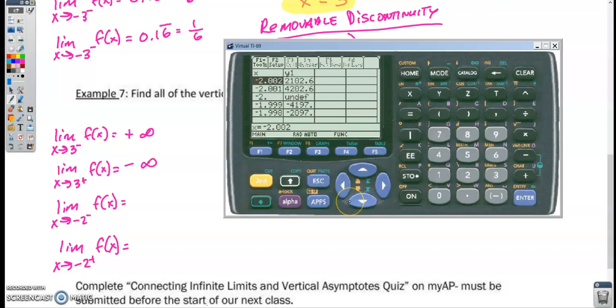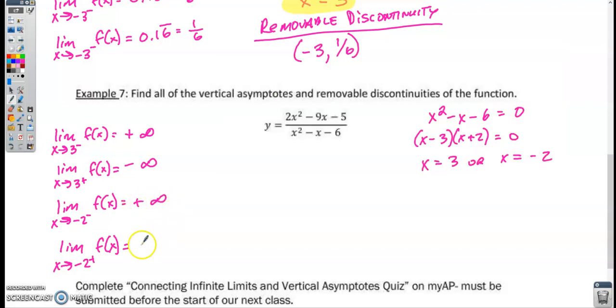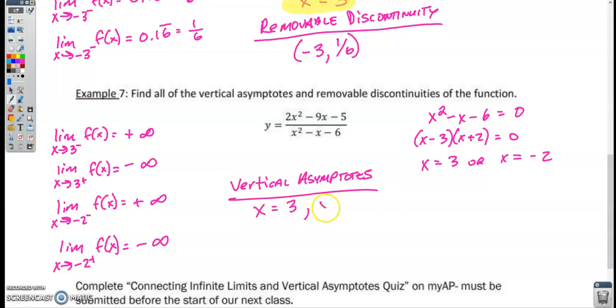And from the left that approaches positive infinity, and from the right negative infinity. And so I'm going to have an asymptote there as well. And so my vertical asymptotes are at x equals 3 and x equals -2. And there are no removable discontinuities in this function.